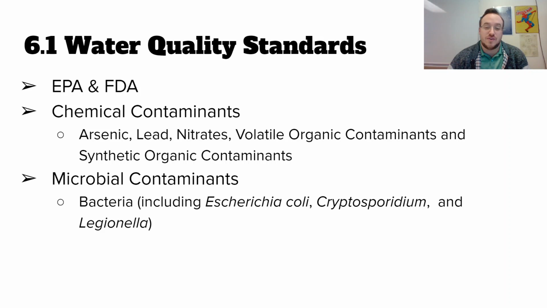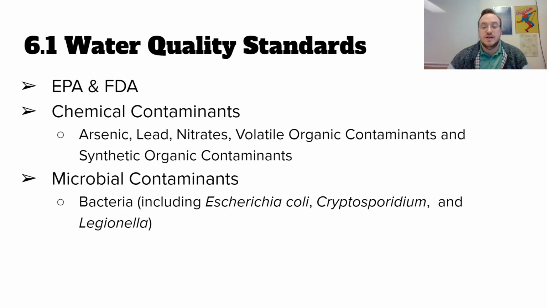Nitrates and volatile or organic contaminants will also do that. Synthetic organic contaminants will as well. So we're talking plastics as well as things that will break down in the water and are toxic to humans. Microbial contaminants, we're primarily looking at bacteria here.